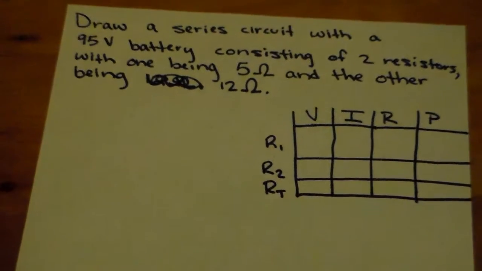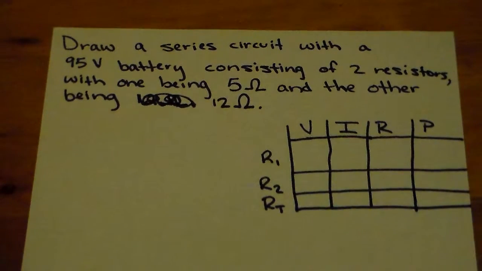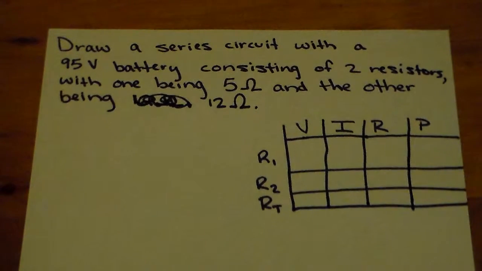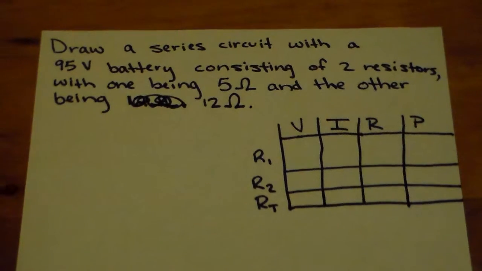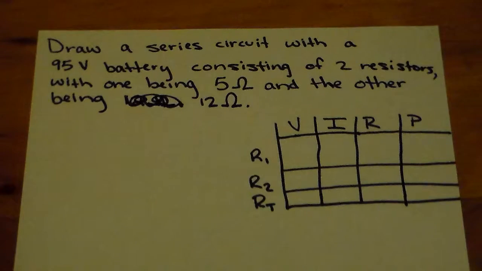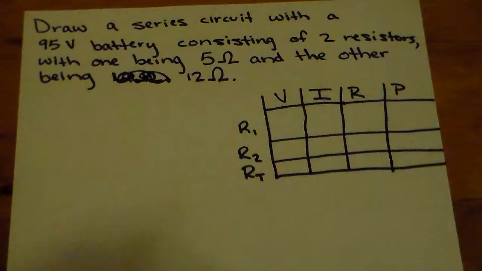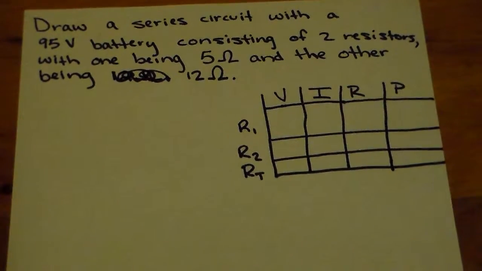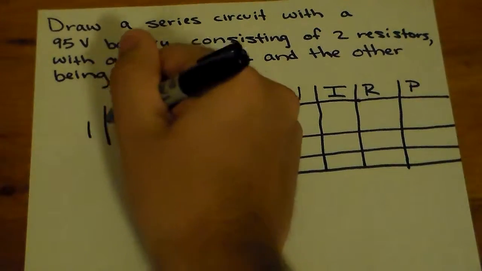Alright, so we're gonna do this one problem, and then I'm gonna create another video which will include the other two problems. So this first question asks us, draw a series circuit with a 95 volt battery consisting of two resistors, with one being at 5 ohms and the other being at 12 ohms. So what we want to do is draw out our series circuit, which looks like this.